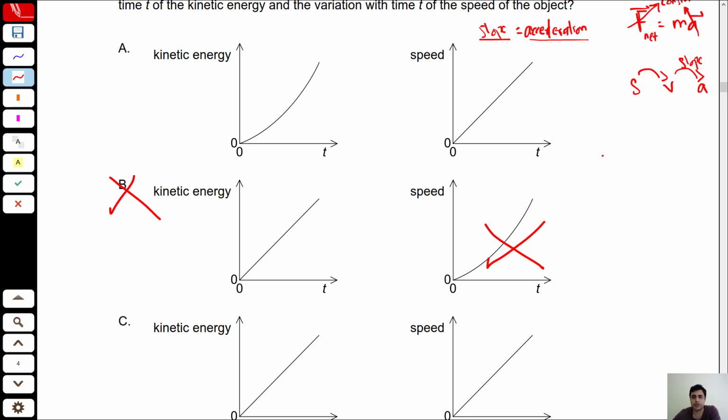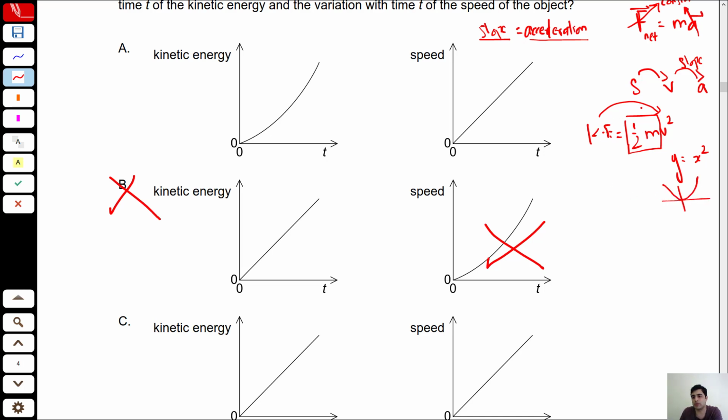Let's talk about the kinetic energy. What's going to happen to the kinetic energy? Well, kinetic energy is given by the formula half m v squared, right? Half is constant, mass is constant. So kinetic energy is proportional to the square of v. So if you remember from your mathematics, this is a graph of y equals x squared, right? Which is a quadratic, a happy face, quadratic shape graph.